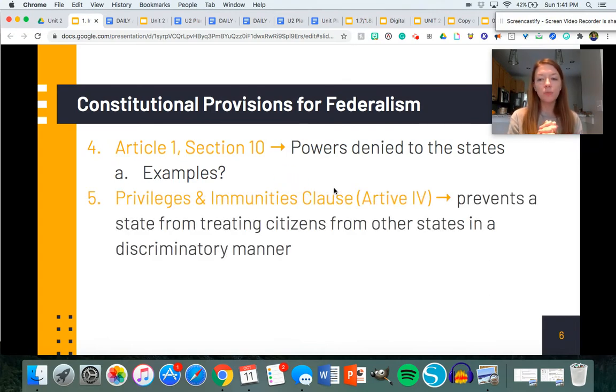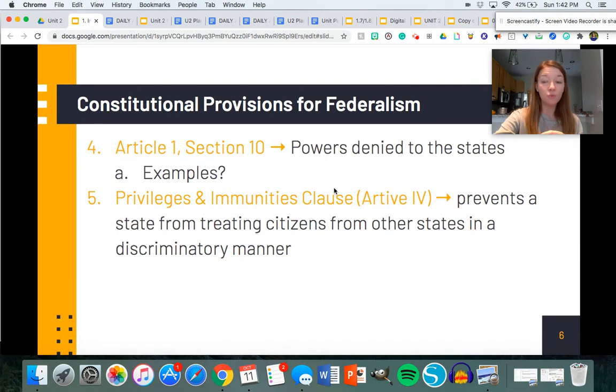We do see a couple of provisions for federalism in Article 4. This is really like the federalism section of the Constitution. And that first provision is the Privileges and Immunities Clause. Article 4 is really responsible for defining relationships among the states, which was much needed after the Articles of Confederation.